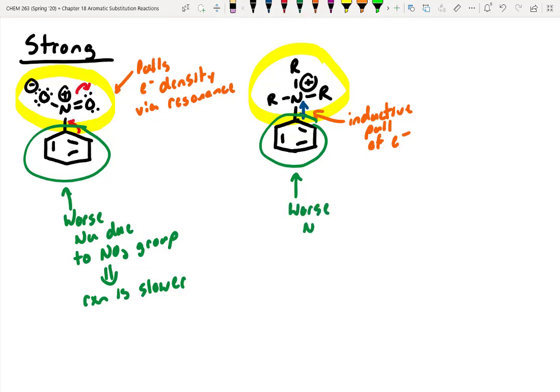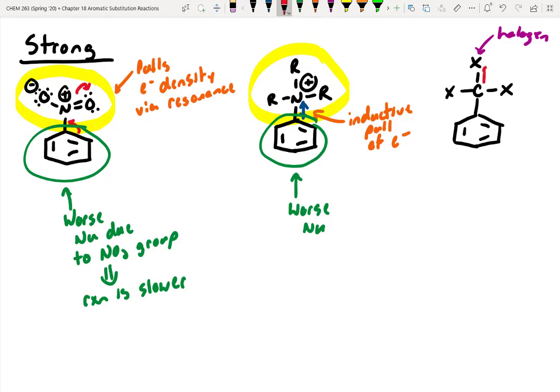All right, last but not least, we've got one more. And this next one is kind of similar to the quaternary amine that we just looked at. However, this time it's a carbon with 3 halogens. So if you remember, these X's right here are going to be a halogen. So that could be a chlorine, a fluorine, usually one of those two. But in this case, same idea is occurring here, right?